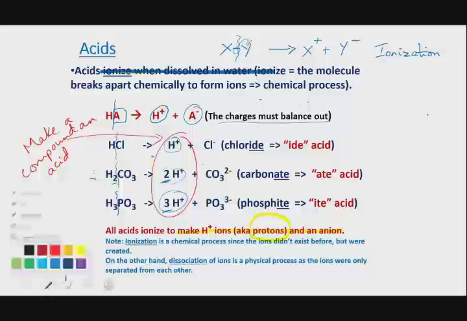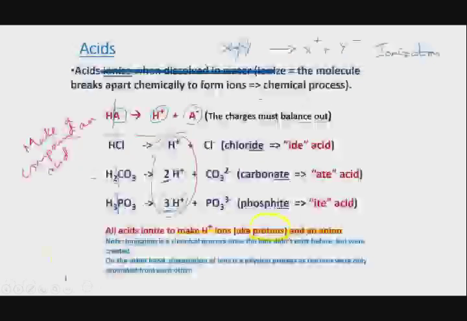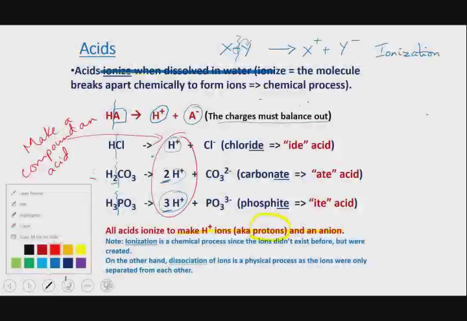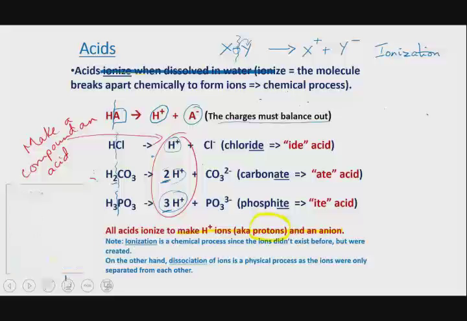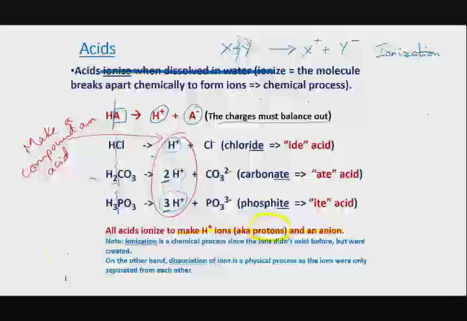Okay, one more highlight that I really want to emphasize, just because it is so important, is for you to remember that ionization is a chemical process. When a neutral molecule is breaking up to create ions that didn't exist before, it's a chemical process.